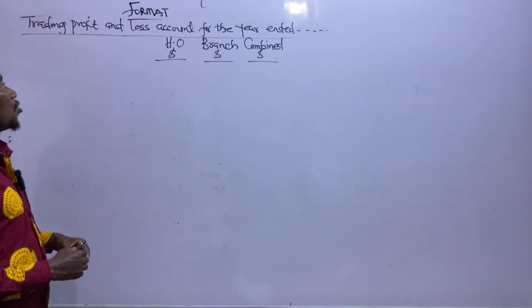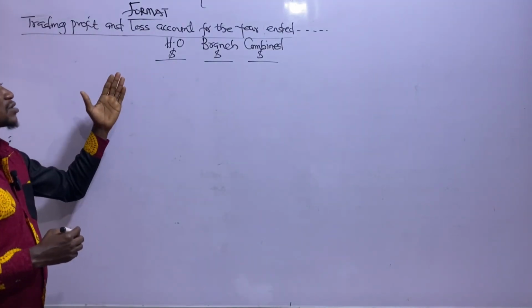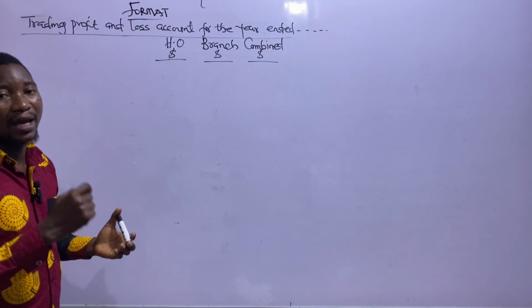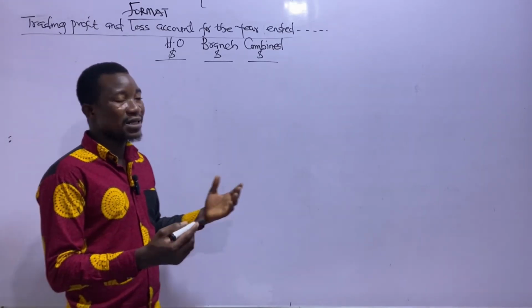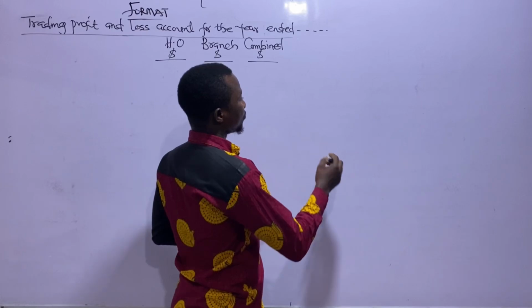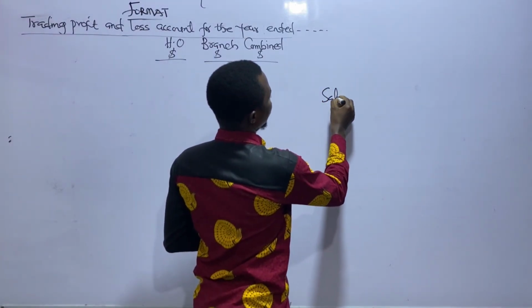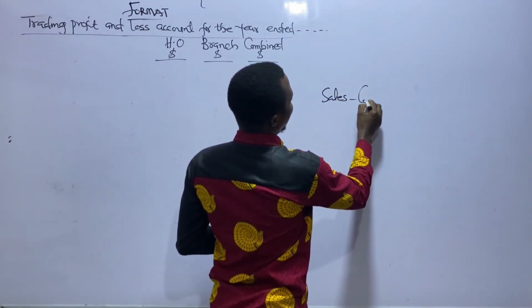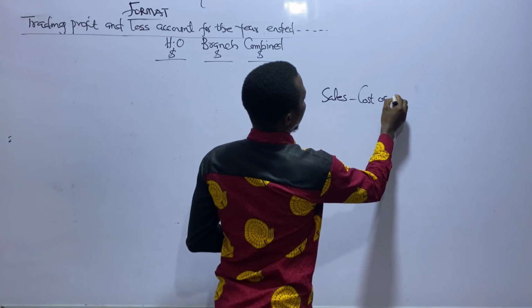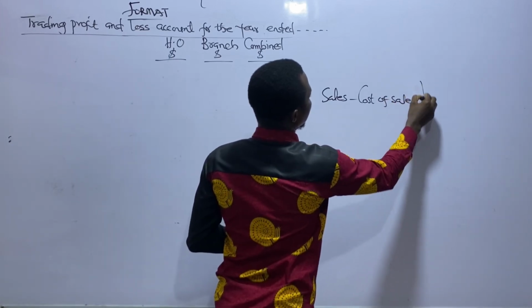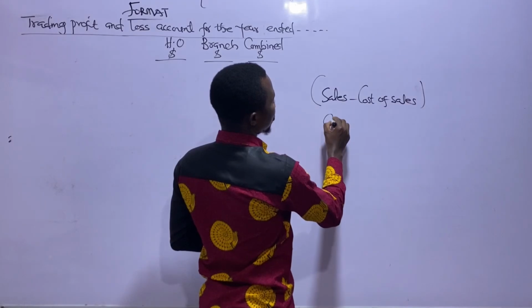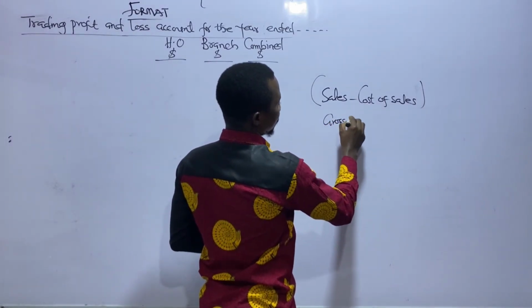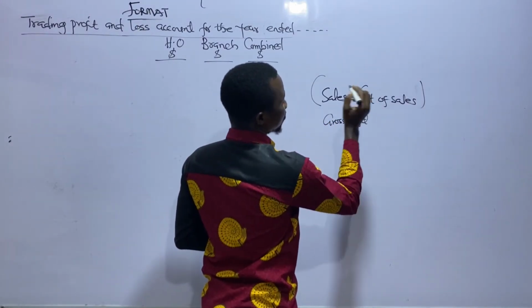For a trading profit and loss account or income statement, we aim at ascertaining a net profit or loss. To ascertain a net profit or loss, we have our sales revenue, then we subtract our cost of sales. When we do that, we will have gross profit or loss. So let's say gross profit.